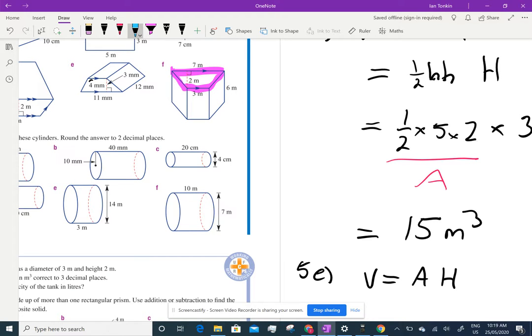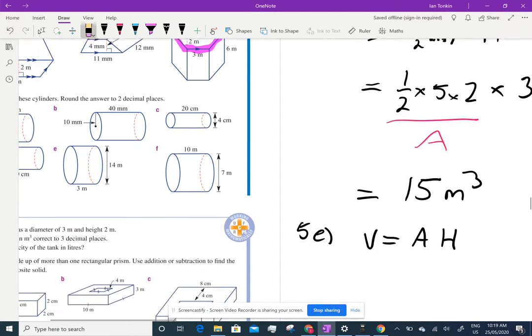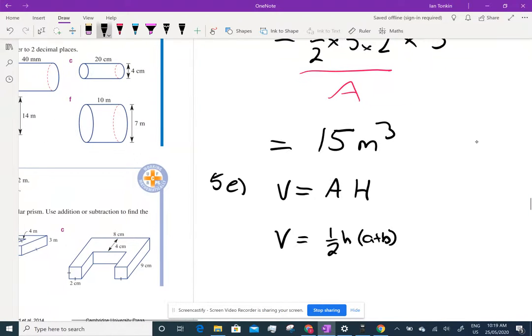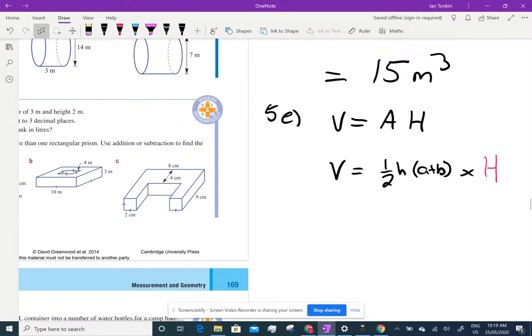So I have to find the area of this shape there. Now, what is it? It's a trapezium. The formula for the area of a trapezium is a half h, (a plus b). And then I've got the big H.